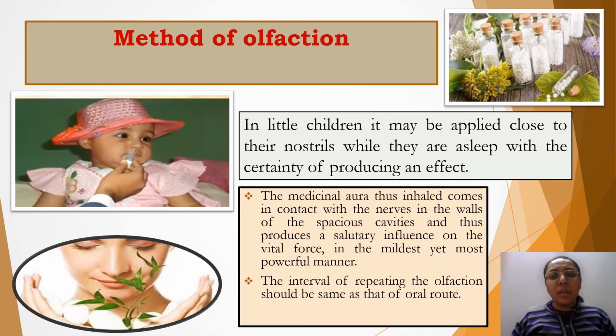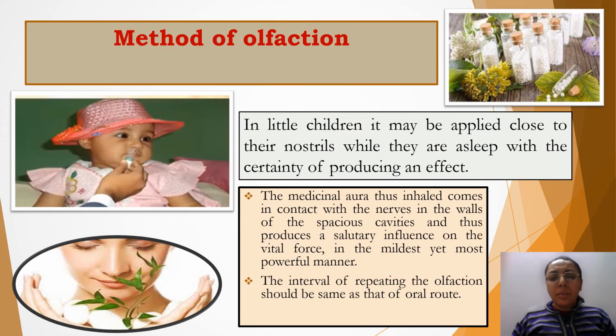The medicinal aura, thus inhaled, comes in contact with the nerves in the walls of the spacious cavities and thus produces a salutary influence on the vital force in the mildest yet most powerful manner.